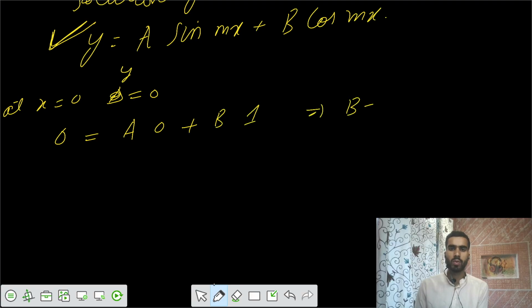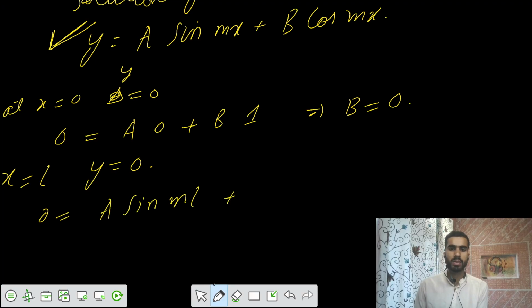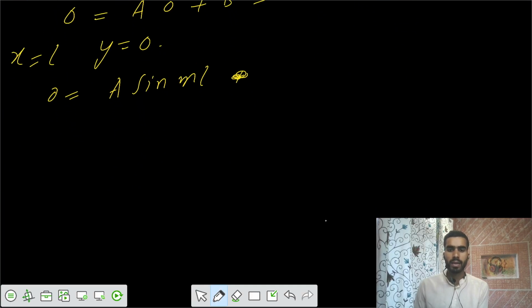So B equals 0. And similarly, at x equals L, y equals 0, so 0 equals A sin mL plus 0.